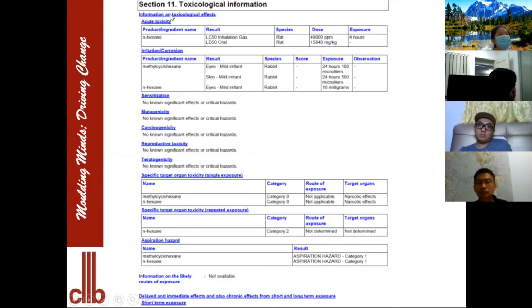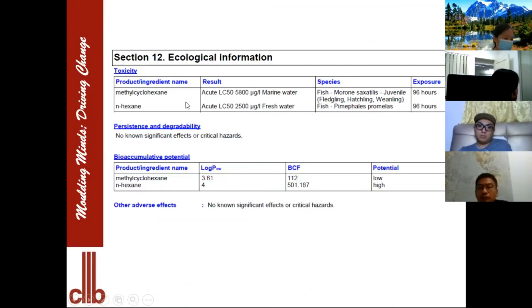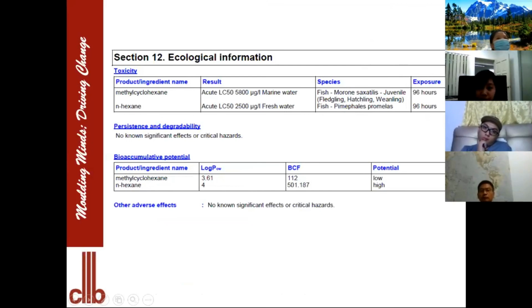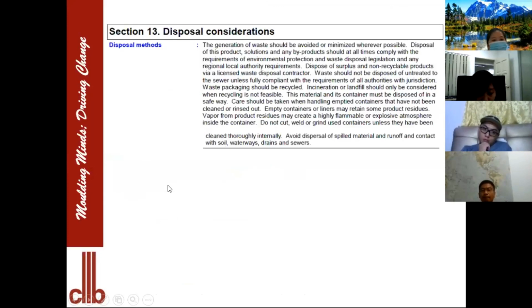So when you look at the liquid paper, they are giving us information on its LCs, its lethal concentration levels, and its lethal dosage levels of the substances based on the dose and exposure time, right? And when we look at the ecological information, it will tell us what species would be at hazard over what period of time. And this is for the environment, the marine environment, bioaccumulation levels.